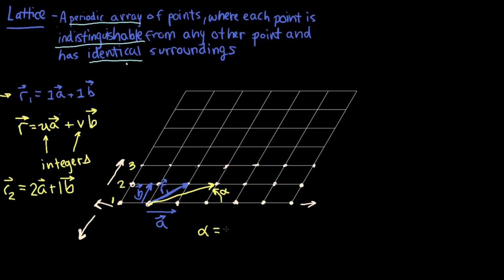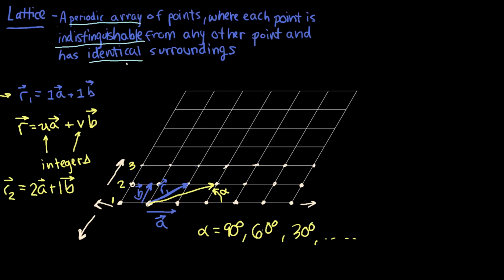Alpha could be 90 degrees, could be 60 degrees, it could be 30 degrees, it could be anything. Alpha is what is going to determine the type of lattice that we have.